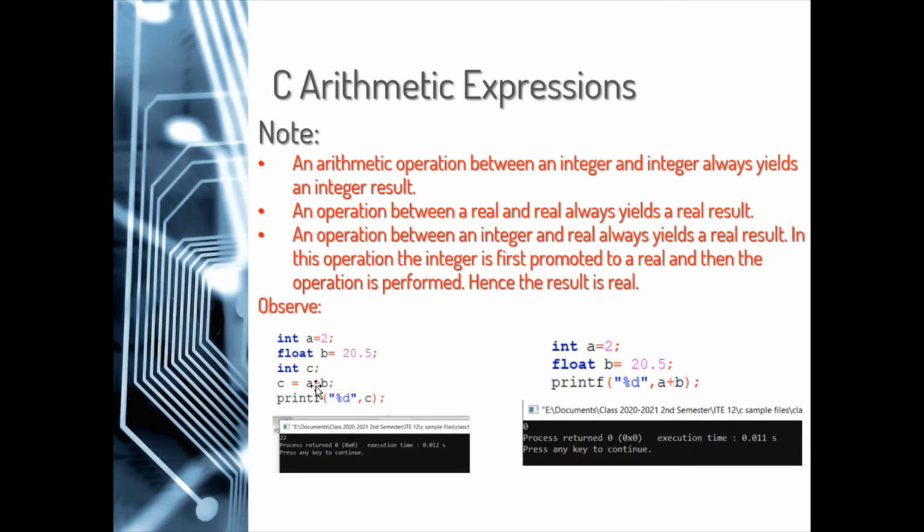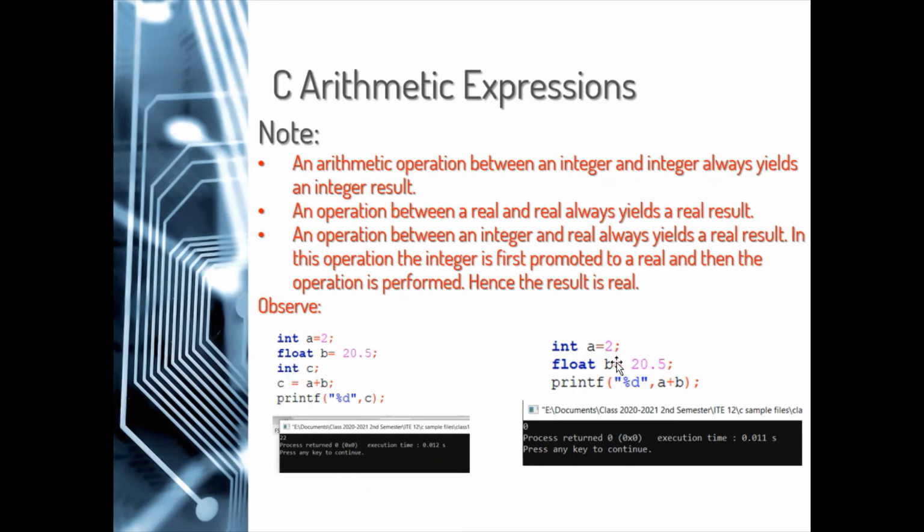But since we put it in an integer, what the compiler does is it takes only the integer part and puts it in c. So if we print this using %d, since c is an integer, the output is 22, because it takes the whole number since we stored it in an integer. But what is actually computed for a plus b is a float, even before we put it in c.